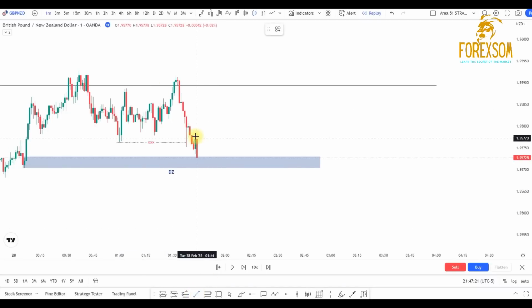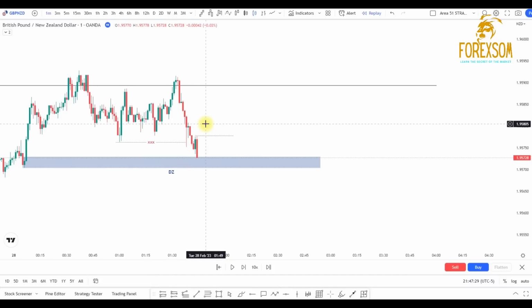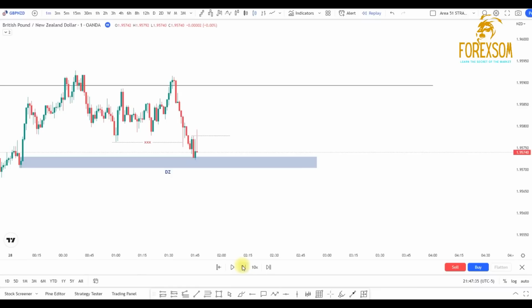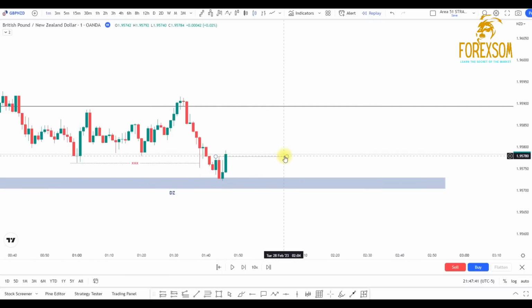This is my last lower high, short-term lower high that led to a lower low. I'm waiting for the price to close above this, give me a change of character, and then I'm going to execute a trade. Now I have a change of character. Let me just expand this a little bit.